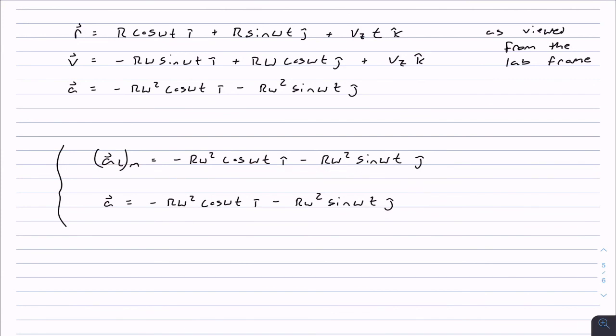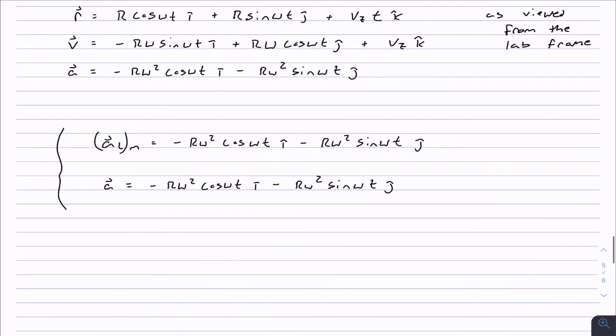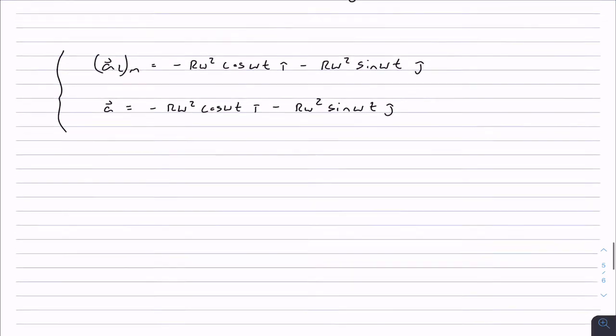We are asked, what is the acceleration of the particle in each frame? So we found that, and then part D says, how should the acceleration in each frame be related? Does your answer to part C make sense? And explain it. Well, the only acceleration in either frame is with respect to the circular path in the xy plane.